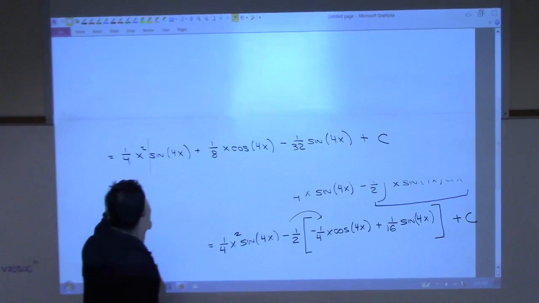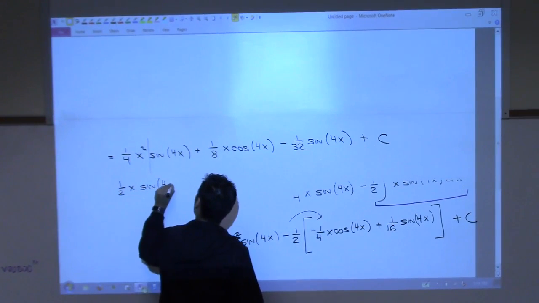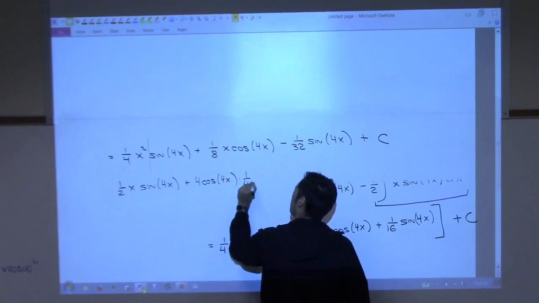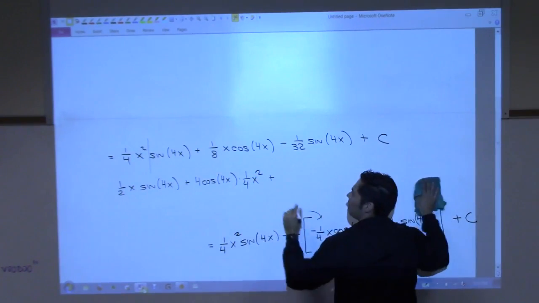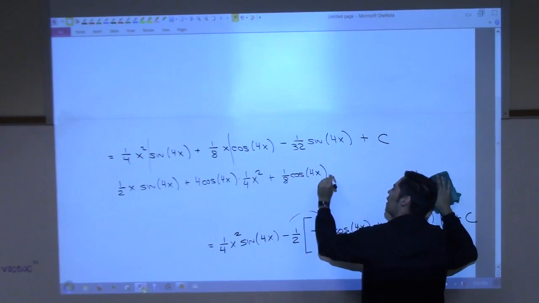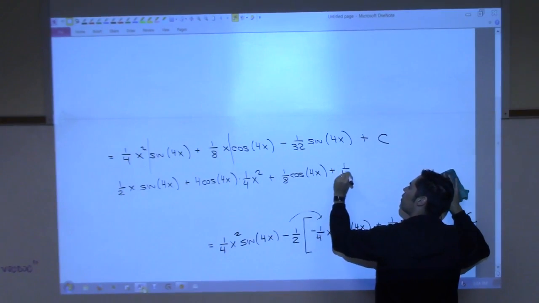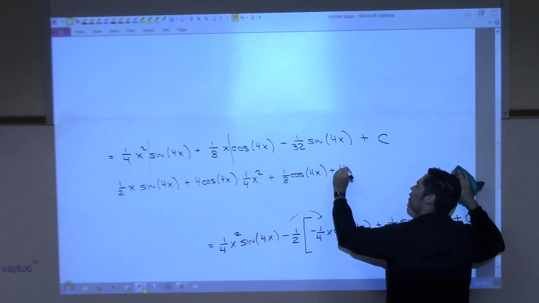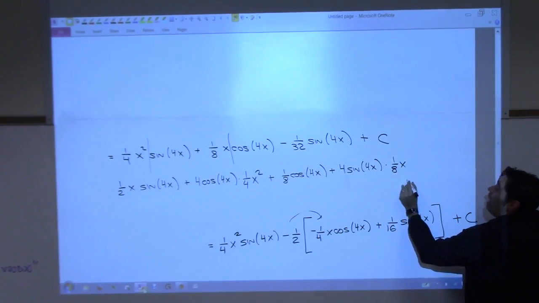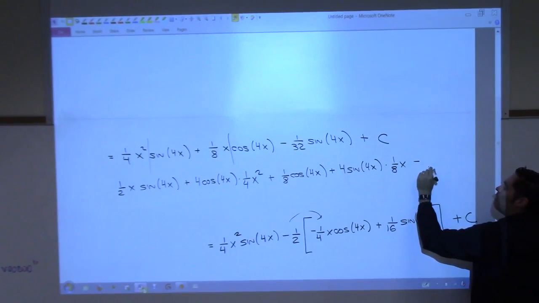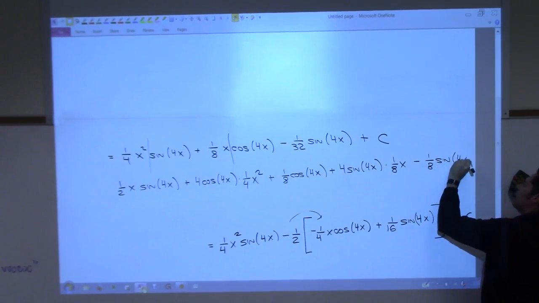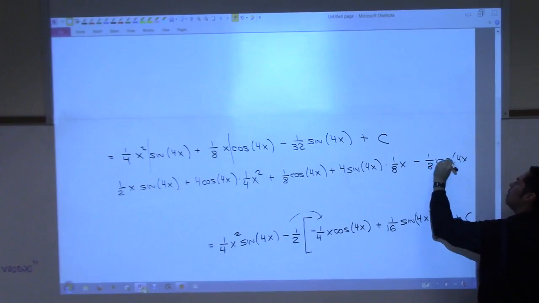Product rule here: derivative of that is 1/2 x sine 4x plus 4 cosine 4x times 1/4 x squared, plus, here's another product, so I'm going to have 1/8 cosine 4x plus 4 sine 4x times 1/8 x, minus, a 4 is going to pop out of that, so I'm going to have 4 over 32, which is 1/8 cosine 4x.